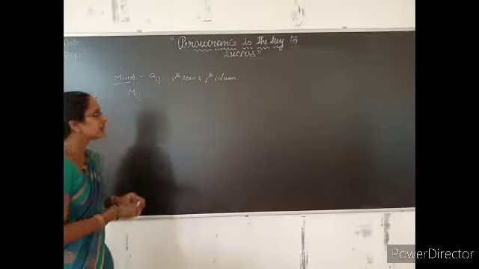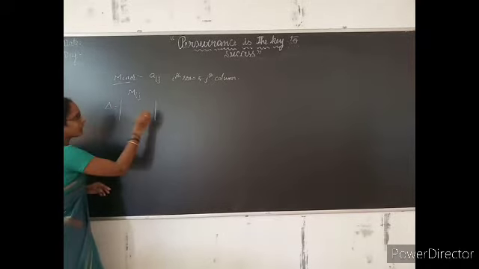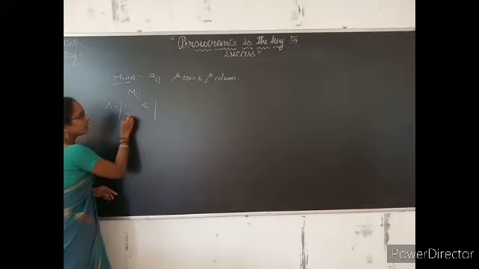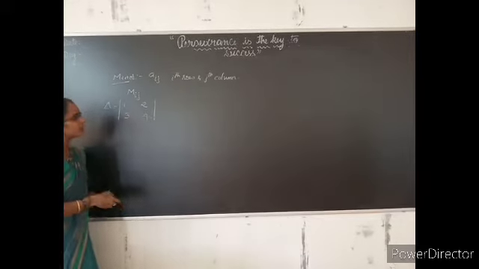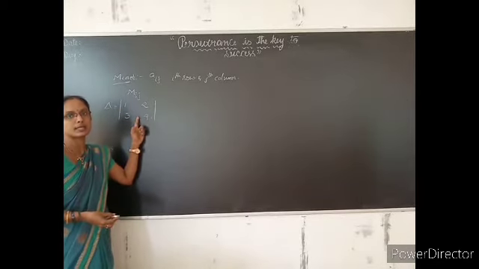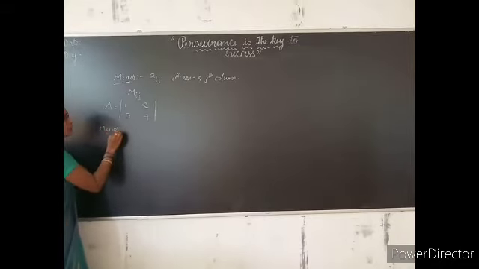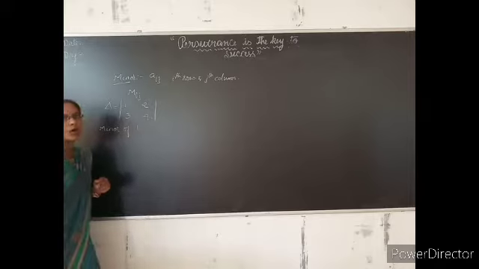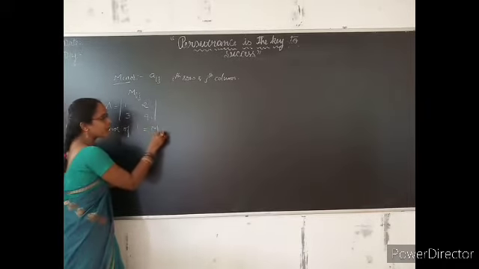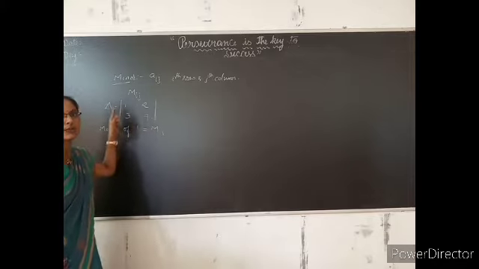So for example, suppose delta is equal to the 2 by 2 determinant 1, 2, 3, 4. I will find the minor of each and every element of this determinant delta. The minor of element 1 is denoted by capital M11 because the element 1 lies in first row, first column.